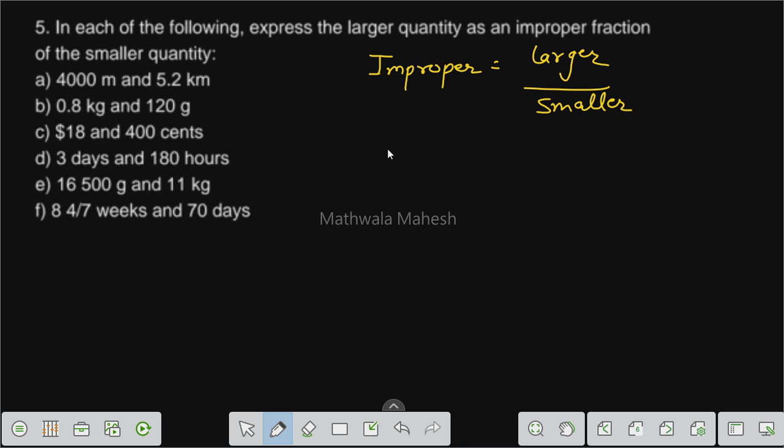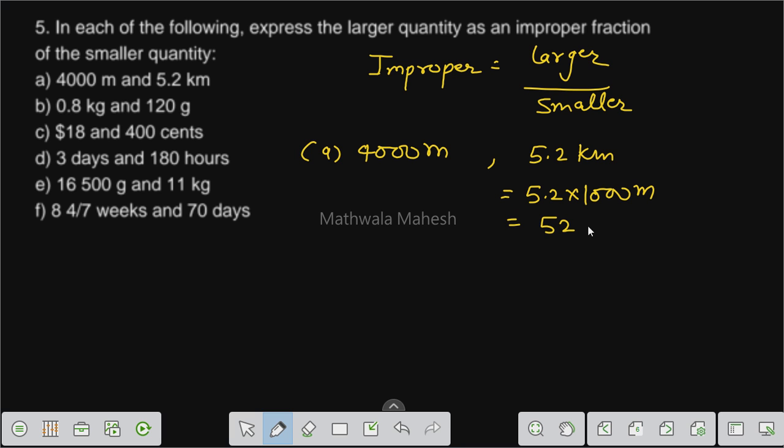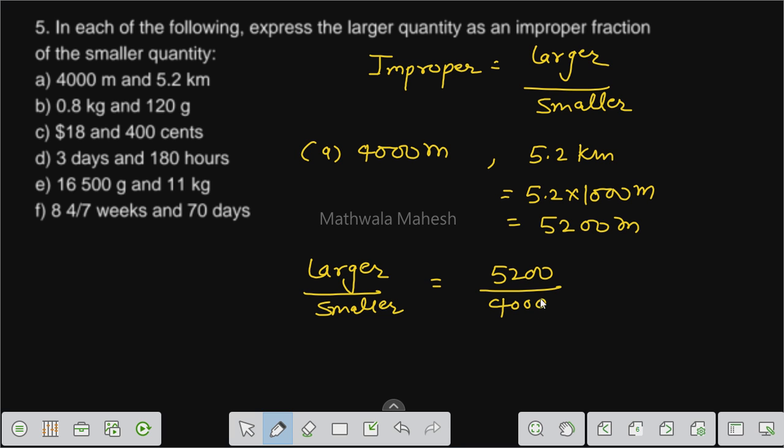Okay, so the first question, 4,000 meter and 5.2 kilometer. You can write 5.2 into 1,000 meter, which is 5,200 meter. Okay, so the larger upon smaller is 5,200 upon 4,000.